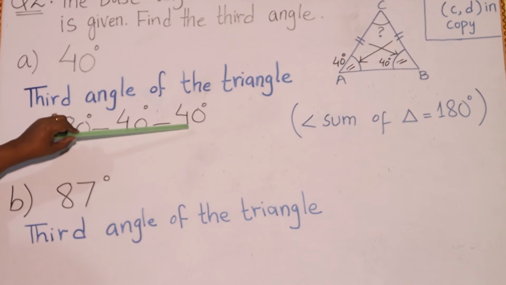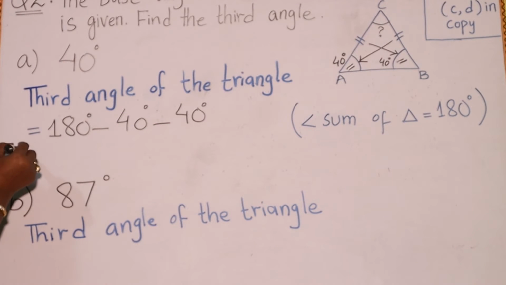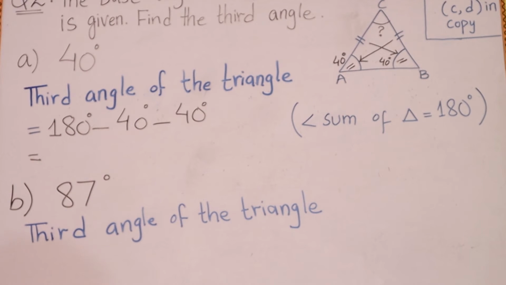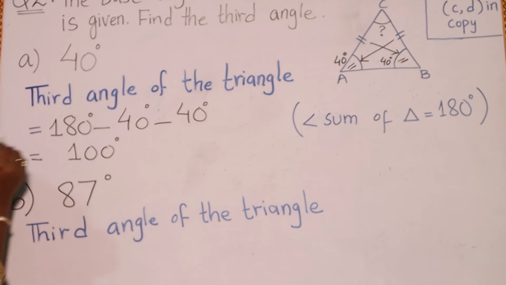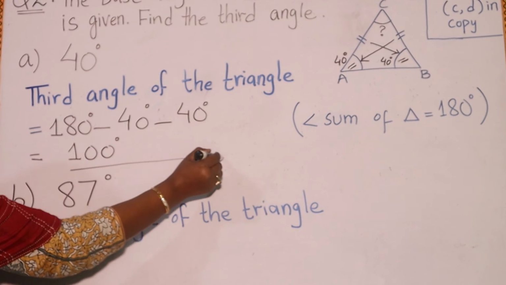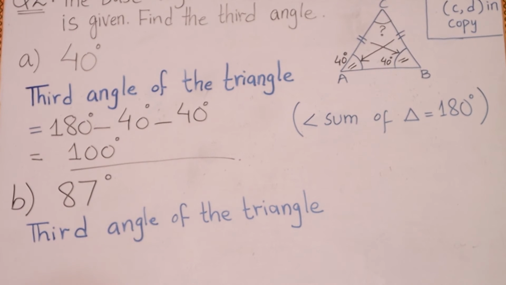So 40 and 40 is 80, and 80 when subtracted from 180 gives us 100 degrees. So this is our required answer. The third angle will be 100 degrees.